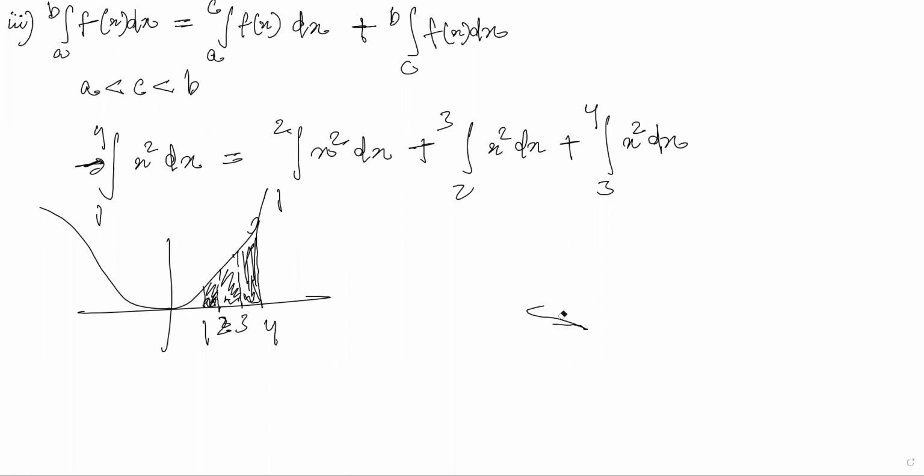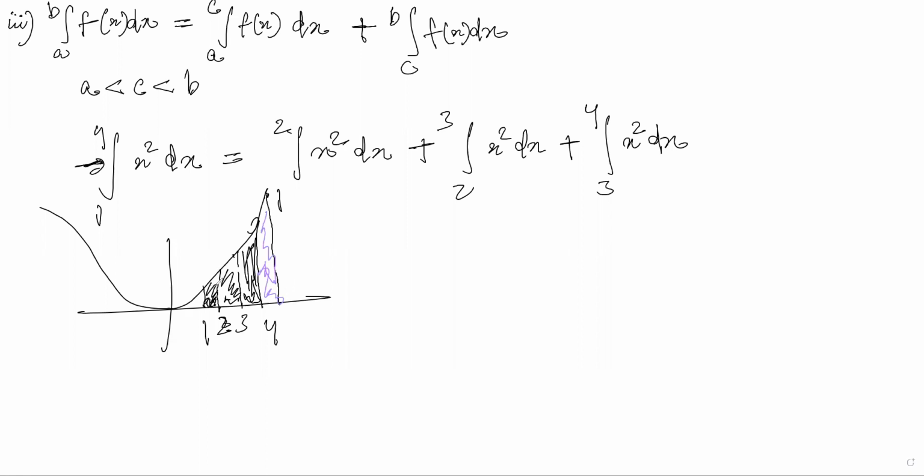Obviously, I can do one thing, although. Just see this. I could have done from 1 to 5, right? In that case, I would have already found out this area as well, which I don't need, this part.